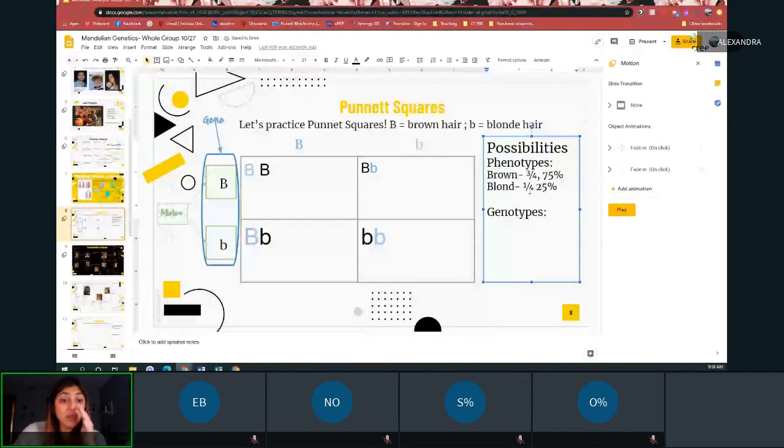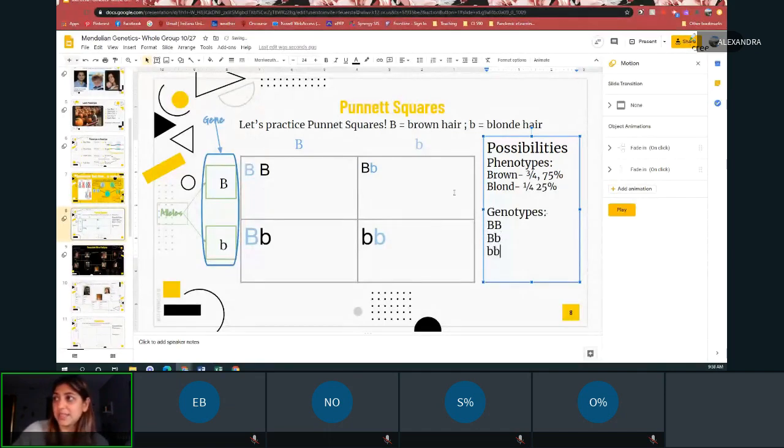Now, Emmett was also talking about this idea of heterozygous and homozygous dominant, homozygous recessive. So that's what we talk about when we talk about the genotypes, right? We know that there are going to be multiple combinations of genes that can result in similar phenotypes. And so we have big B, big B, and we have big B, little b, and little b, little b.